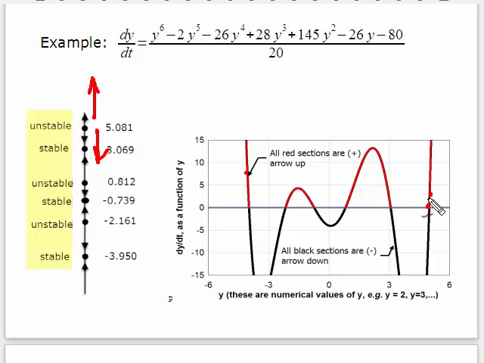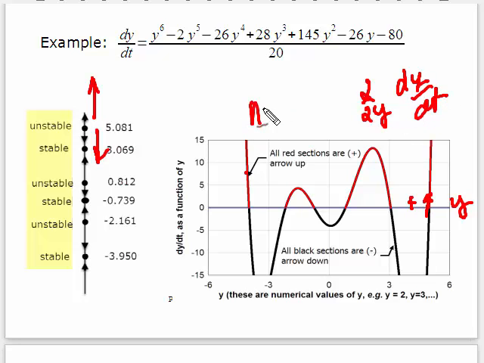But if you look right here, in order for it to go from below the horizontal axis to above the horizontal axis, the slope right through here has to be positive. This slope is that next derivative.